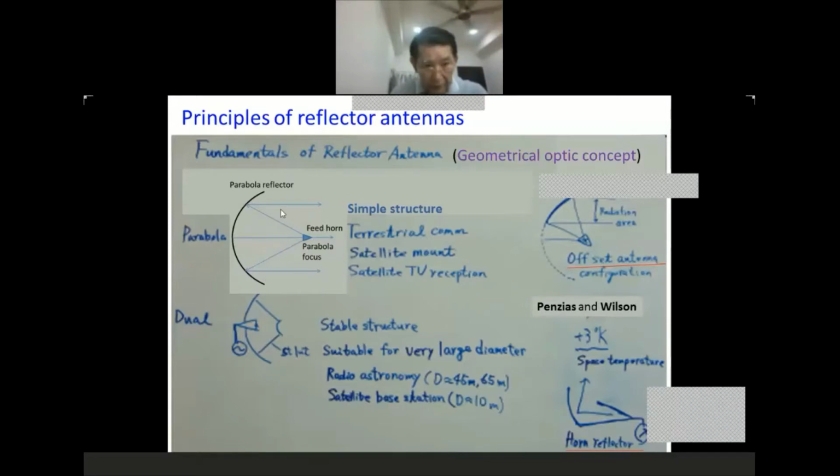The rays becoming parallel is the same as saying that the path length from the feed to the aperture plane is the same for all rays. So here the phase of the radiated electromagnetic wave is the same. That is the most convenient condition to radiate in the axial direction.